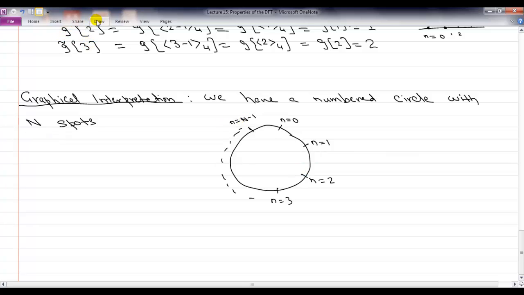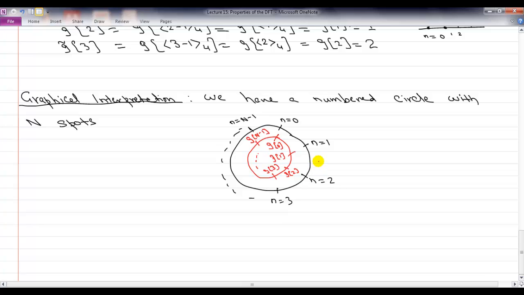Now, we were originally given a sequence, and for that I will draw another circle. We were given a sequence which was G0 at index 0, G1 at index 1, G2 at index 2, G3 at index 3, and keep going up to G N minus 1.